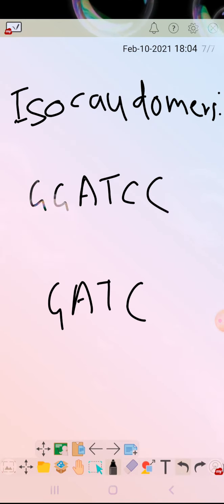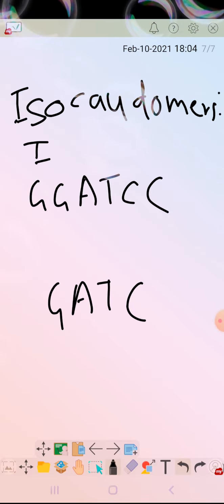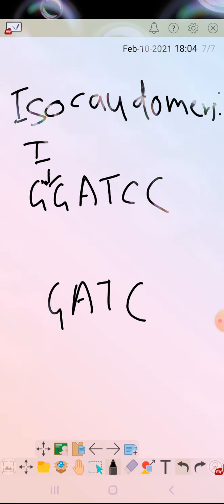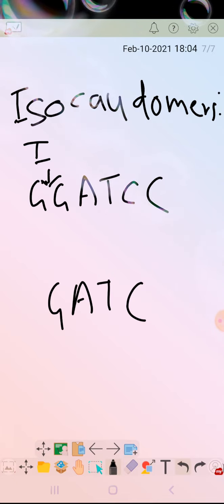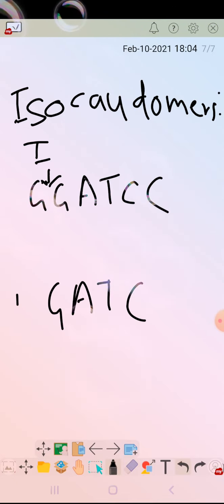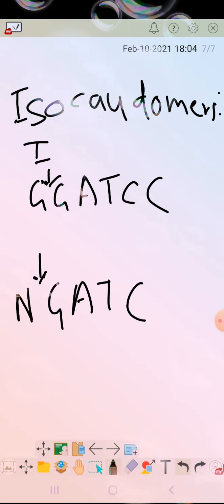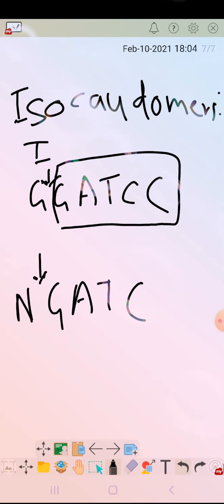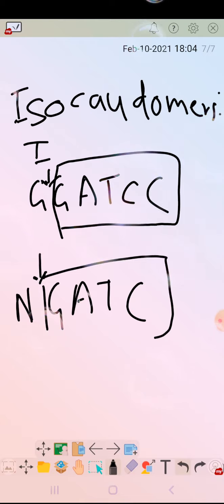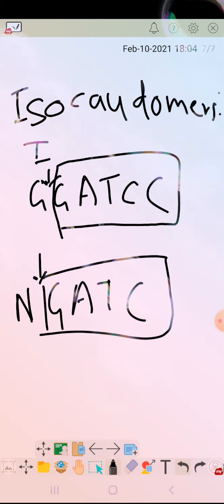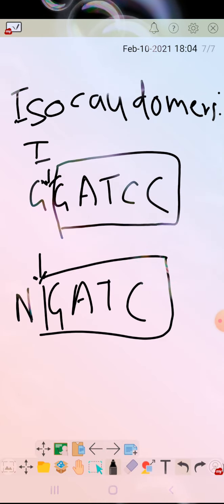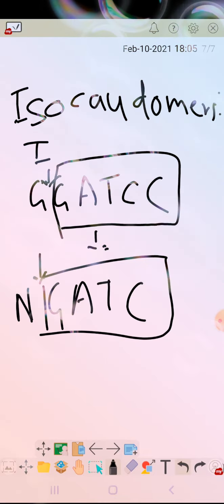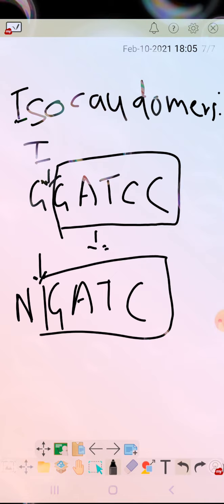So if restriction enzyme 1 cuts here and restriction enzyme 2 suppose cuts here, the sticky end that it will form is GATCC, and here also GATC. Means they are recognizing different restriction sites, but still they are forming the same sticky ends. Such enzymes are known as isocaudomers of each other.